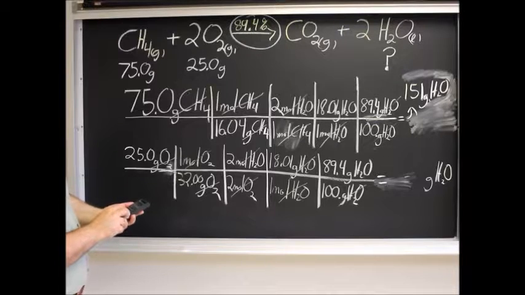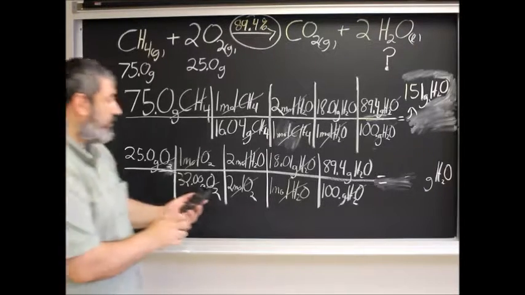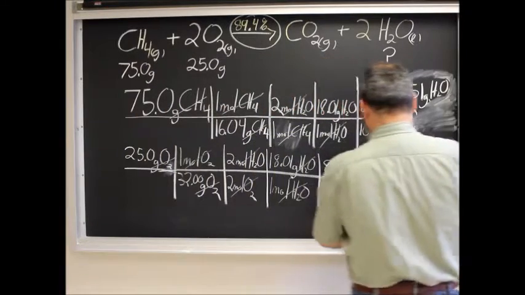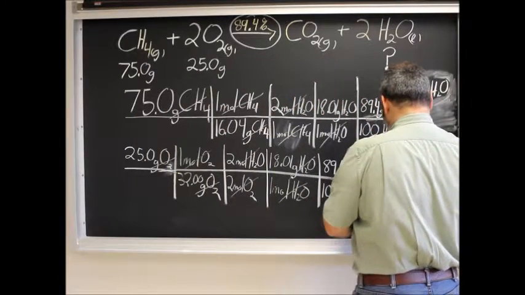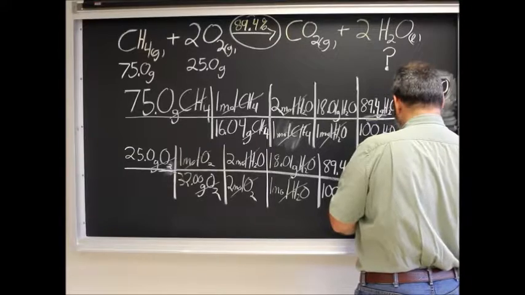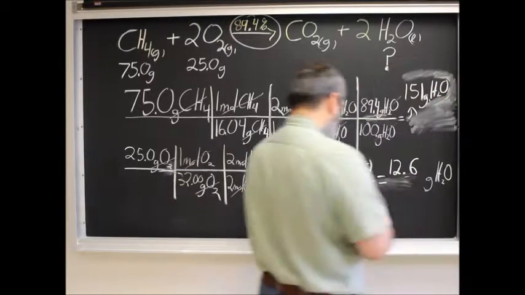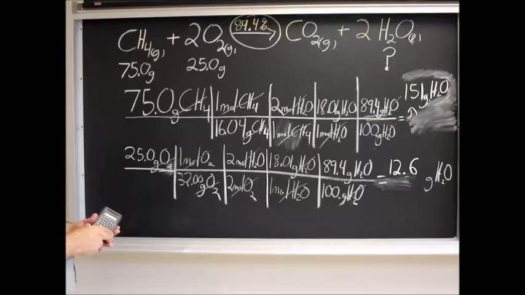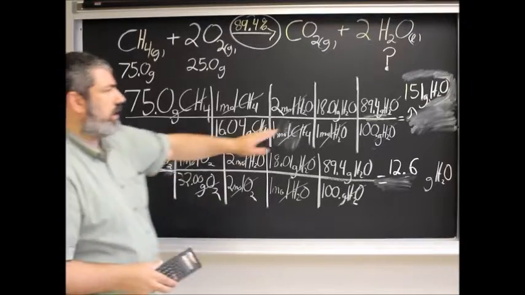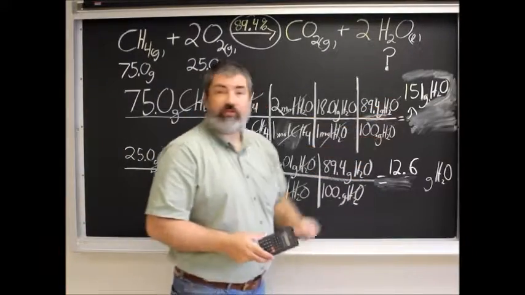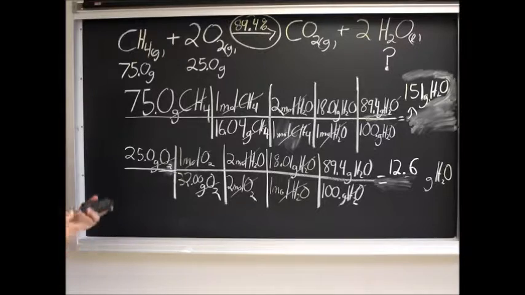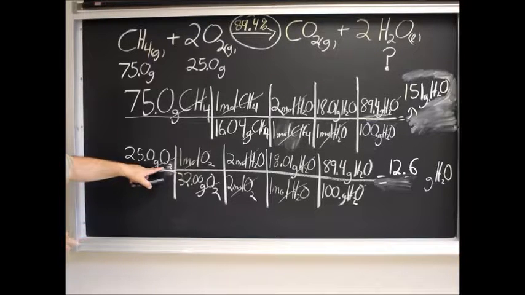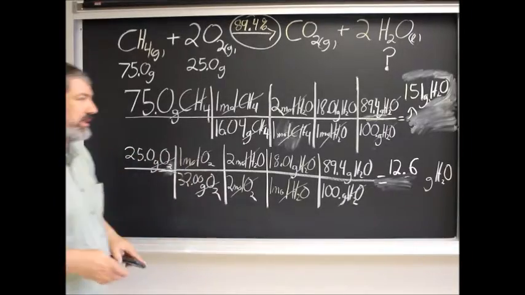The second one with 25 grams of oxygen gives me 12.6 grams of water based on the oxygen. 12.6 versus 151. So it's very obvious that we're going to run out of oxygen first. Oxygen is our limiting reagent.